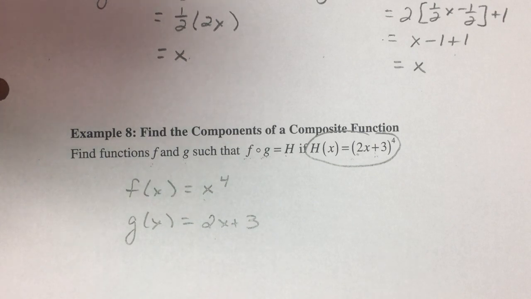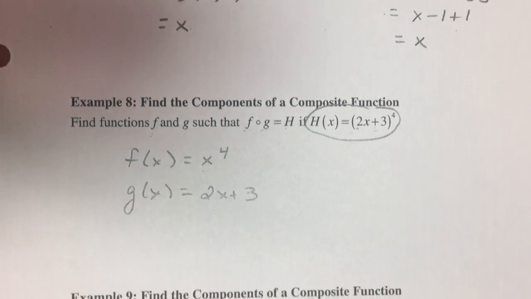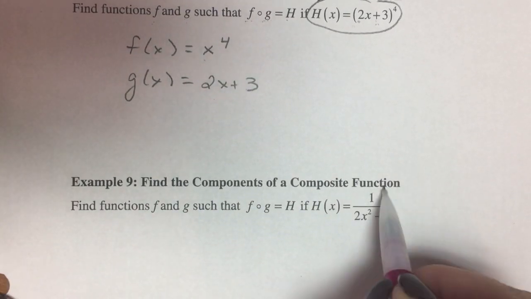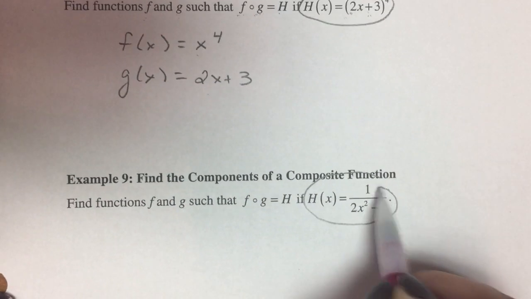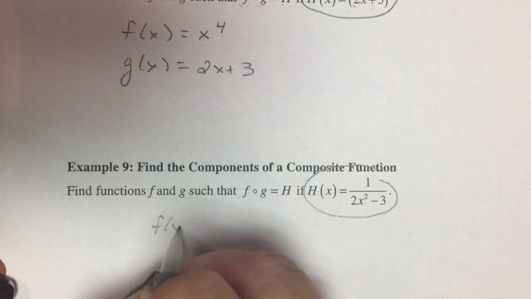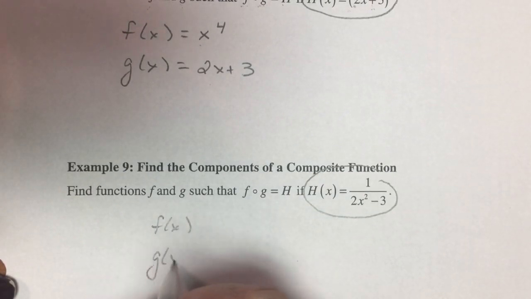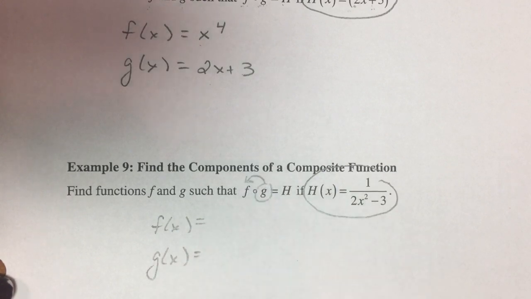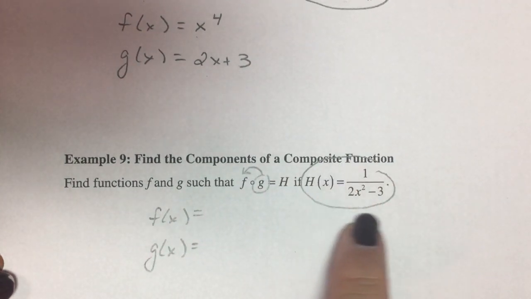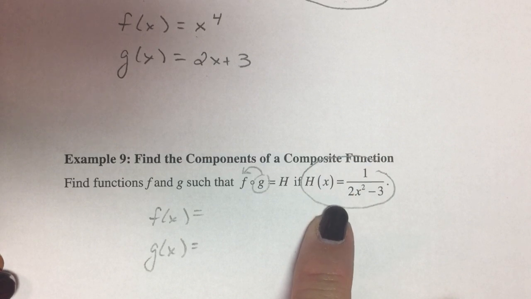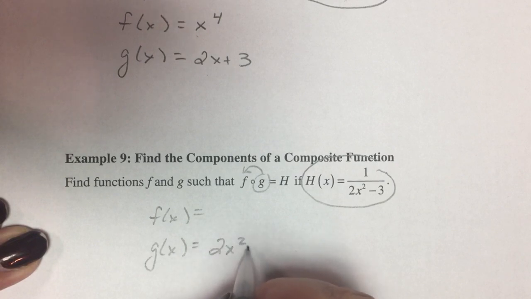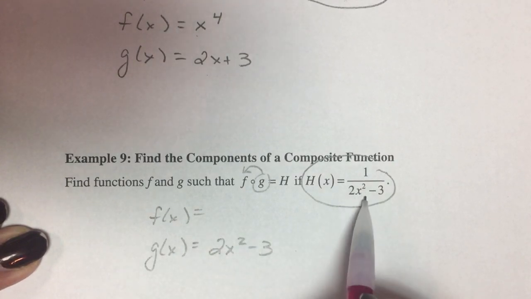There's more than one answer to many of these. This one, I don't think there's really more than one answer. Let's look at this one. This is my composition. So I want to find the f of x and the g of x. And again, the g of x is what's being plugged into the f. So if I look at this composition function, what looks like it's been plugged in for something else is the 2x squared minus 3.